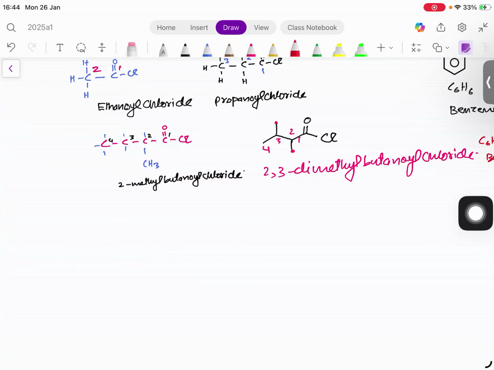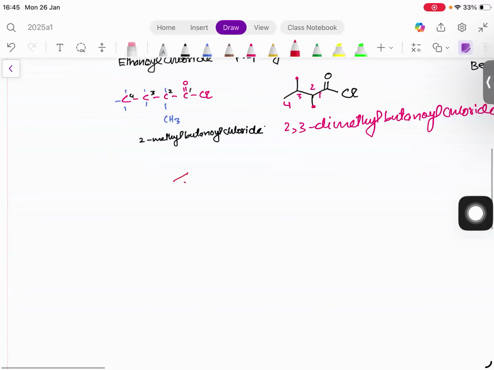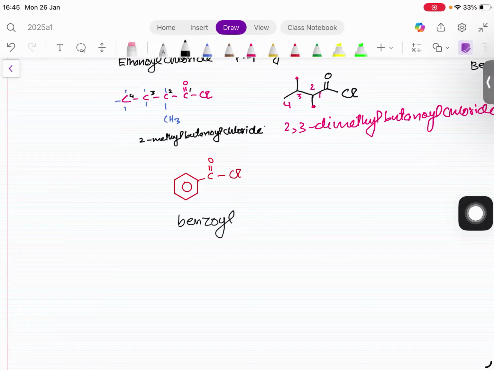What about the name of this one? What about this? Benzoyl chloride.